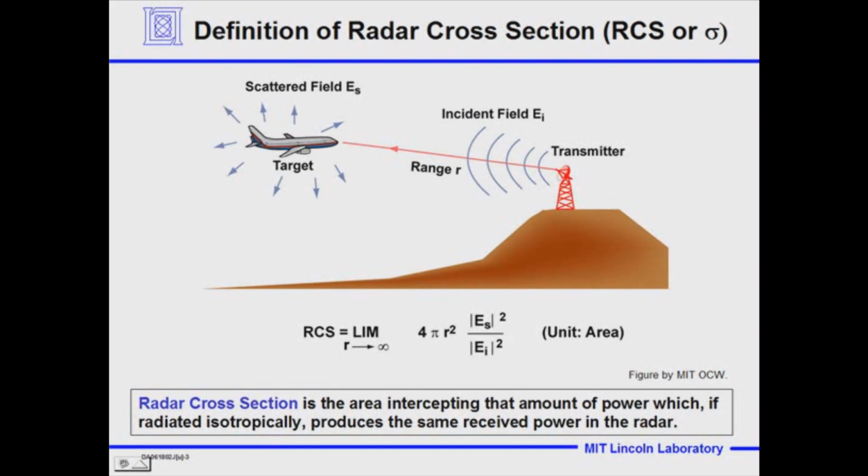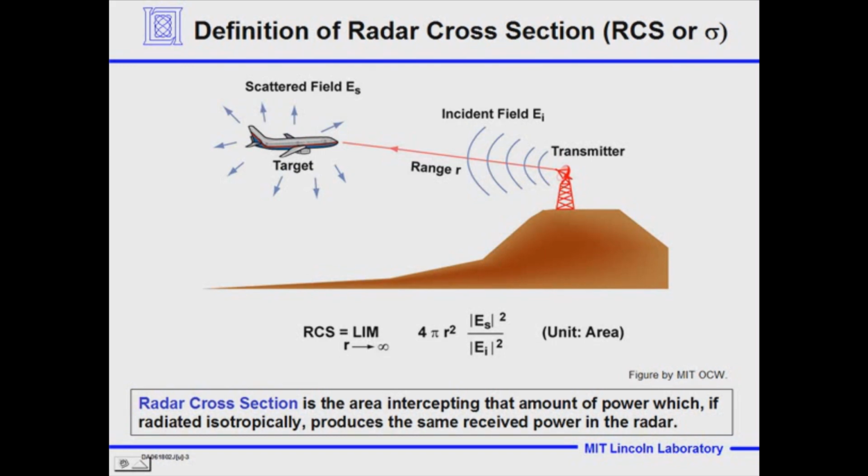So in other words, it's the area intercepting that power that came out to the target, which, if that power were radiated back isotropically, would produce the same power at the radar as the actual target does.